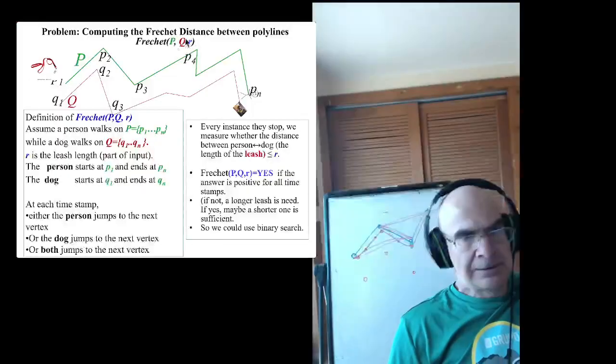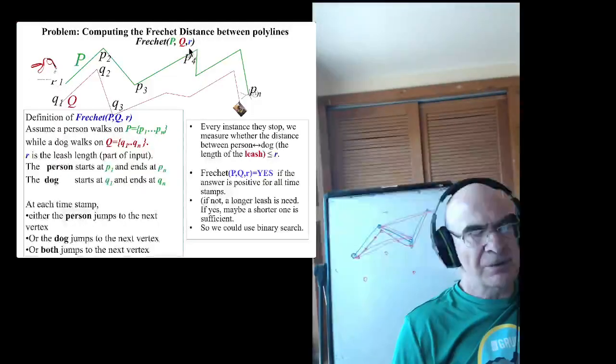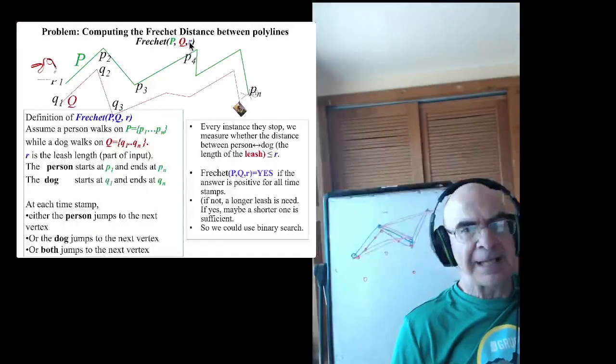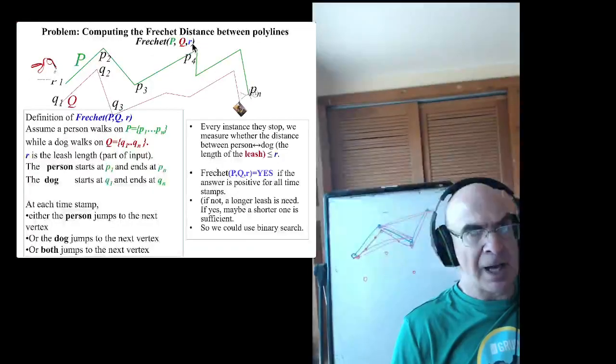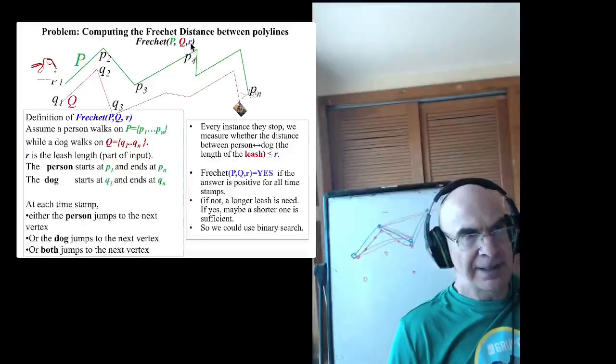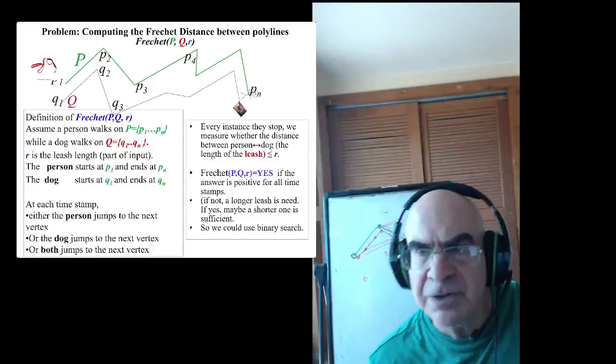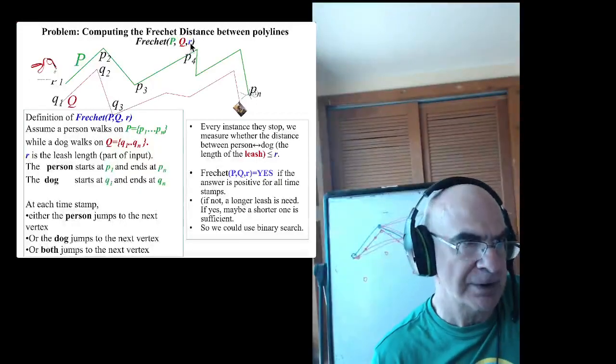To be a bit more formal, I'll assume that somebody gave me the polygonal path P, the polygonal path Q, and a target length of the leash, R. R is part of the input and is a number. I want to ask, can I do the whole trip using a leash of length at most R?